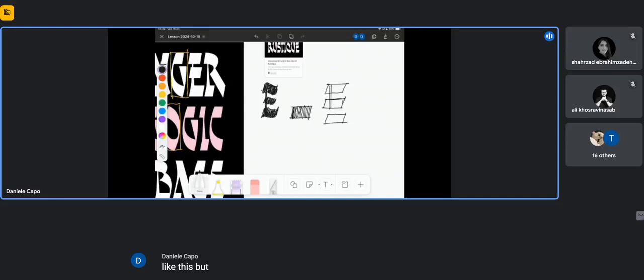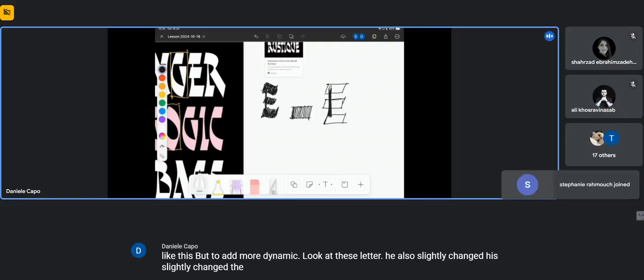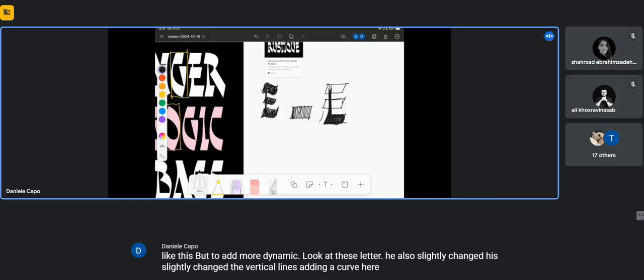But to add more dynamic look at this letter, he also slightly changed the vertical lines, adding a curve here.